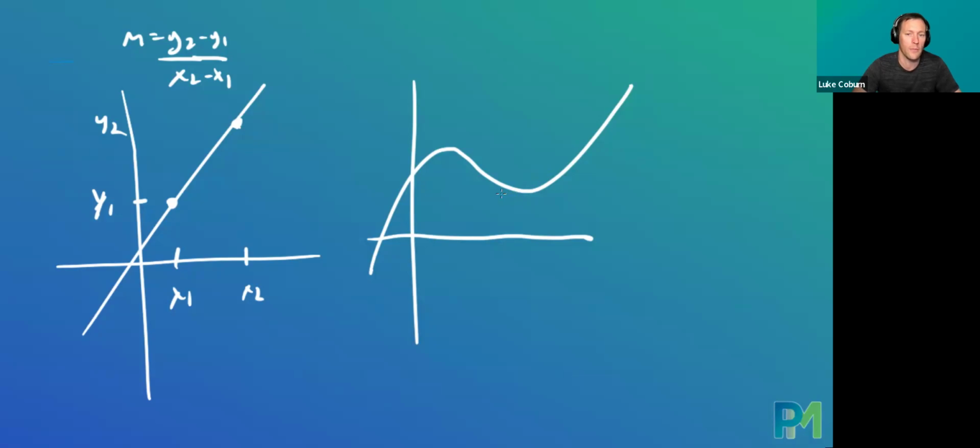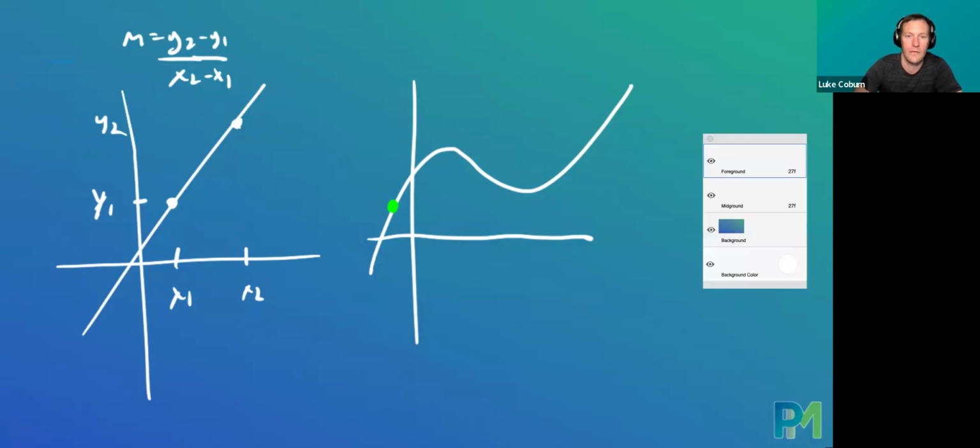These are intuitive concepts. But what do we mean here about the slope of the curve? Well, if we have a point on the curve, then we're going to be able to draw any number of lines that go through that point, right?